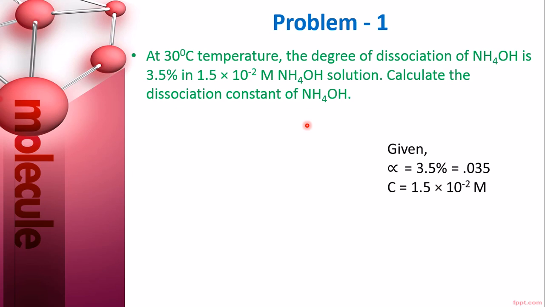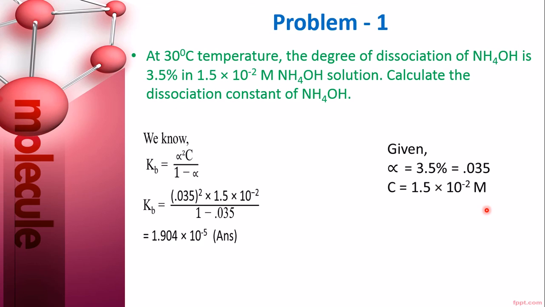So, given alpha equals 3.5%, we write 0.035, and C equals 1.5 into 10 to the power minus 2. Which equation do we need to calculate the dissociation constant Kb? This equation: we know Kb equals alpha squared C divided by 1 minus alpha. By putting in all these values, you will get Kb equals 1.904 into 10 to the power minus 5.